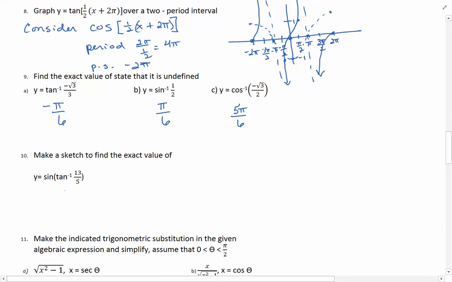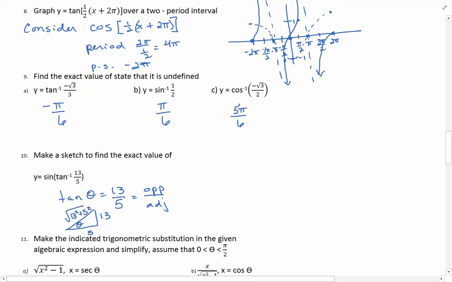On this one, we know that the tangent of theta must equal 13/5, and tangent is opposite over adjacent. So if we make a triangle, the opposite is 13, the adjacent is 5. So this one's a little bit tricky because you're going to have the square root of 13 squared plus 5 squared. It's not a pretty answer.